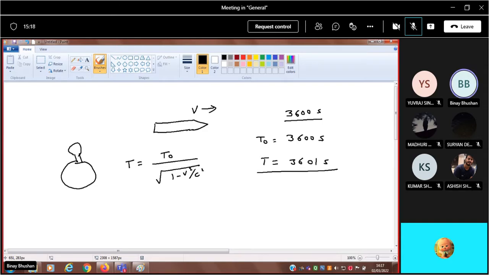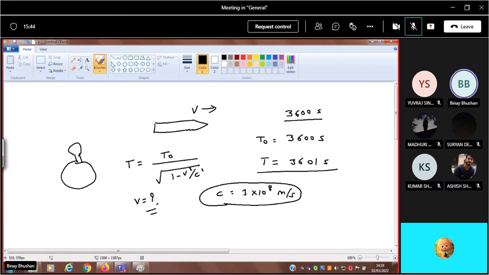Is it okay? Are you understanding? Yes, sir. So from here you can find the velocity v, because T and T naught are given and c is as usual 3 into 10 to the power 8 meter per second.